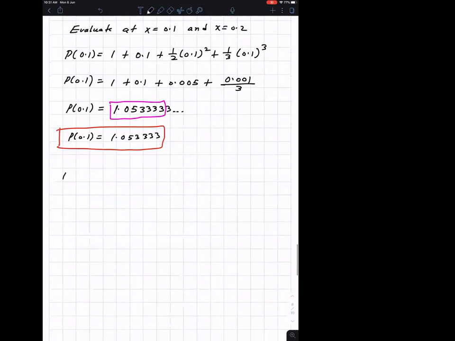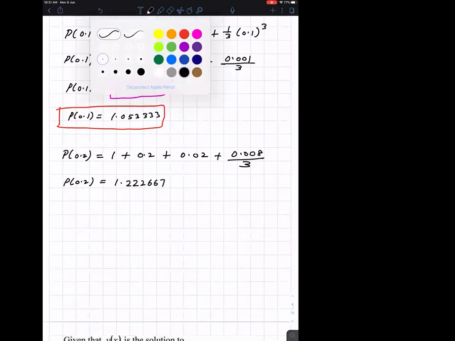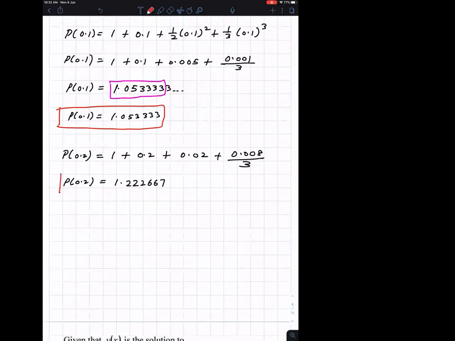p(0.2). Hello guys, are you all still connected? Yes, sir. Six decimal places. So you also can do this way.